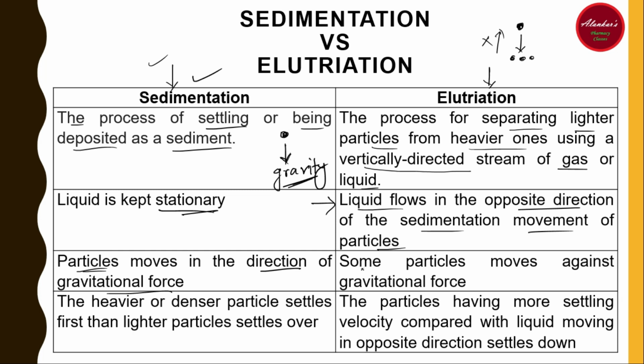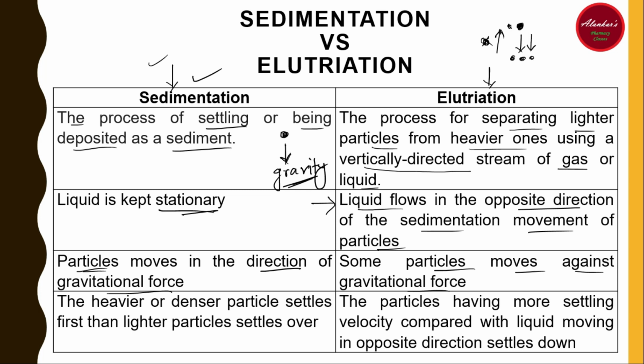But in elutriation, some particles move against the gravitational force. And why is it so? Because in this case the liquid is moving vertically upwards. If the particle has more velocity as compared to the vertically moving liquid, then sedimentation will still occur.